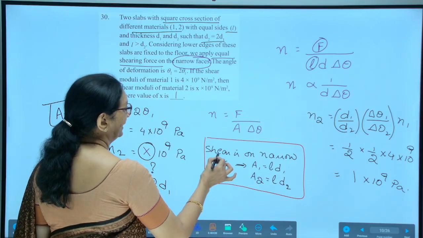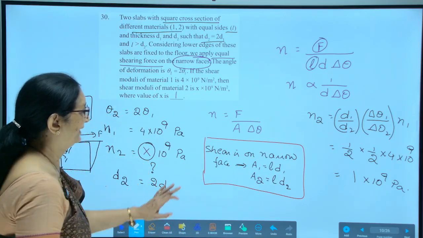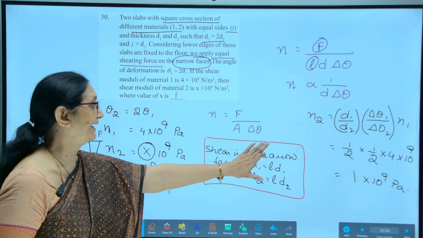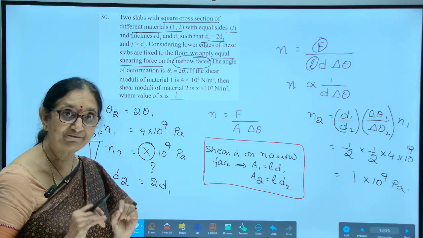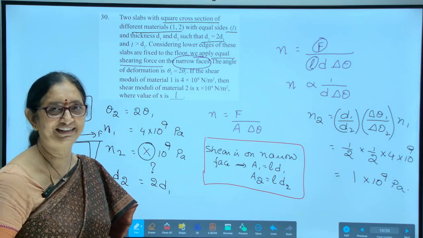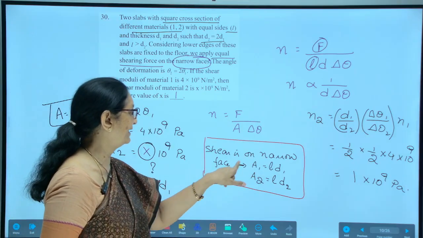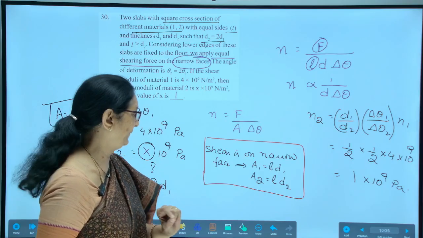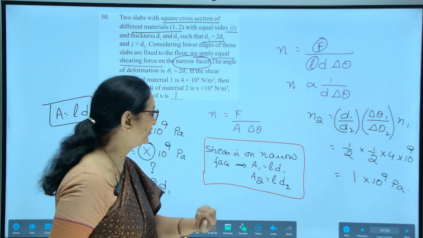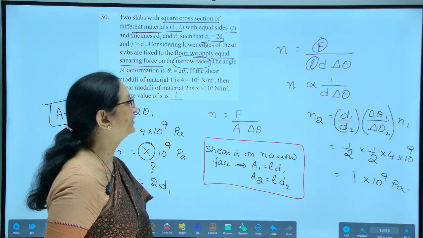Again I have written it, shear is on the narrow face. That is the heart of the problem. You have to identify that, only then you get the correct answer. Shear is on the narrow face. So area of cross section is L into D. A1 is L into D1, A2 is L into D2.